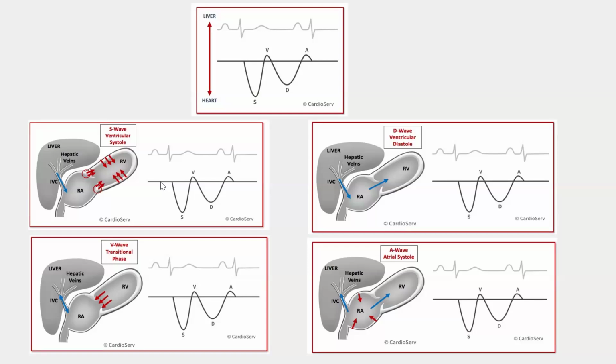Here I brought you from CardioServe a different schematic to explain it thoroughly so you understand it well and you know exactly what happens in the hepatic venous Doppler in all conditions. Okay? Let's start with this one.